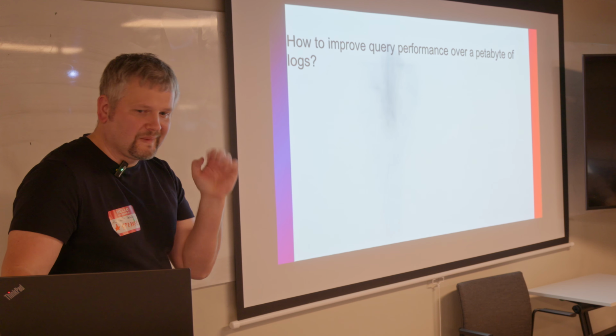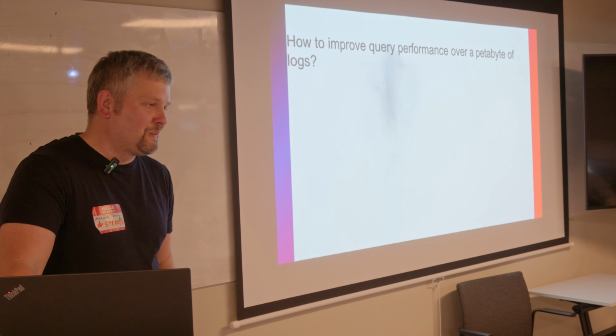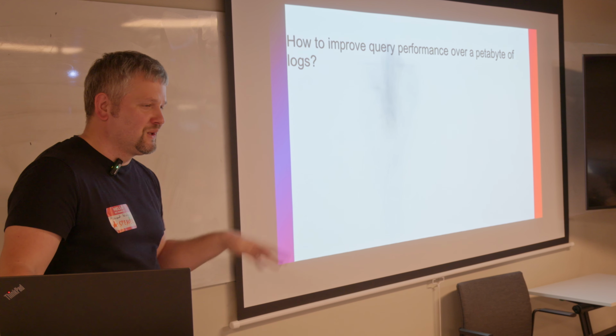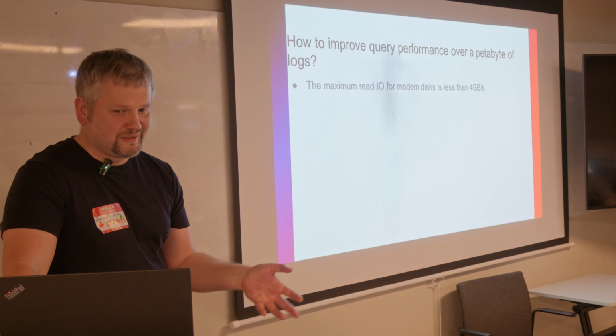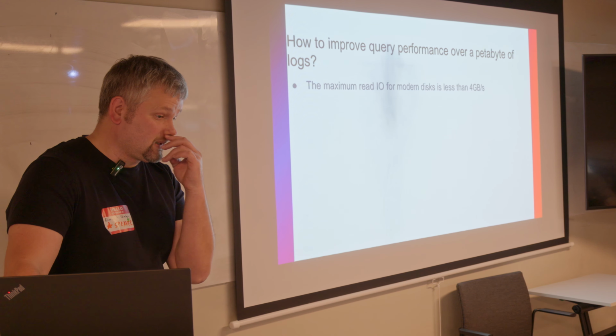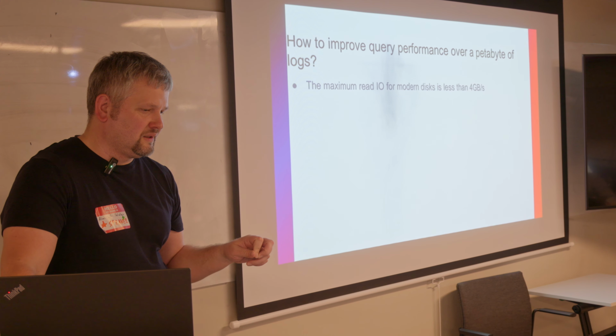How to improve query performance over petabytes of logs? Okay, we stored a petabyte of logs on a single computer, but what about querying speed? Currently, the maximum disk read I/O for SSD and NVMe disks doesn't exceed 4 gigabytes per second for high-end NVMe disks.